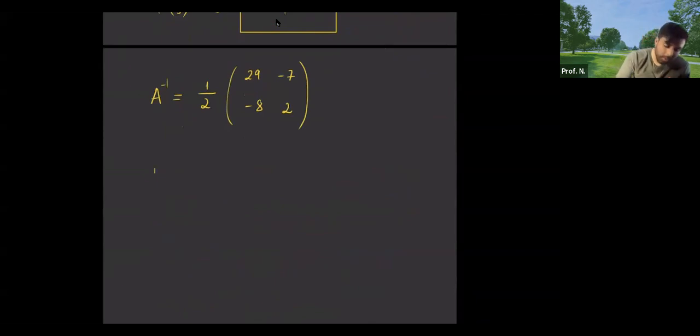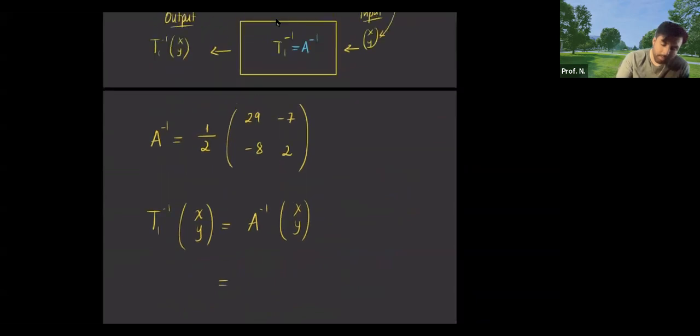Now that's T inverse. So T inverse, when you plug in x and y, what happens to it? You apply A inverse to x and y. So A inverse is what? Let me just put the half inside. So I get 29 over 2, negative 7 over 2, negative 4, positive 1.